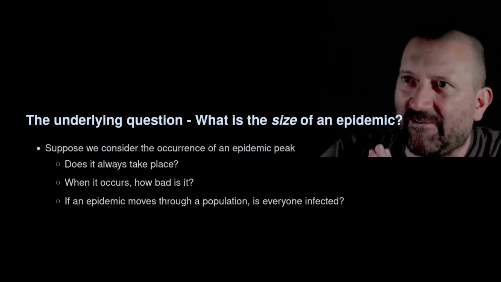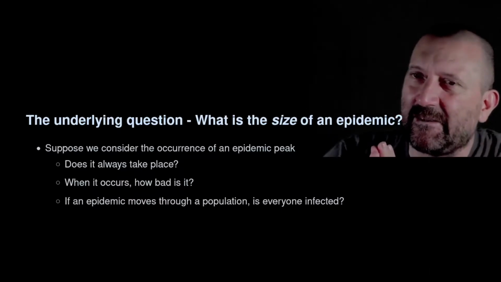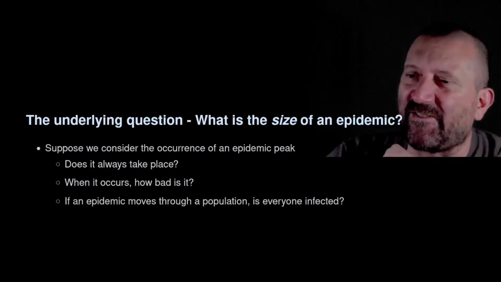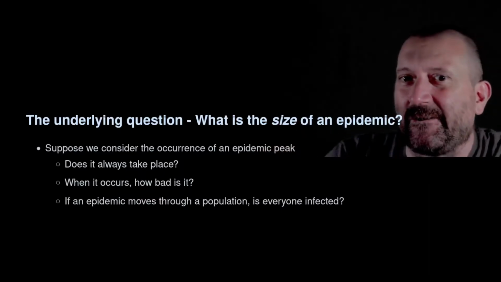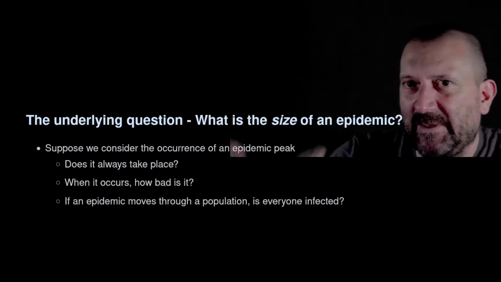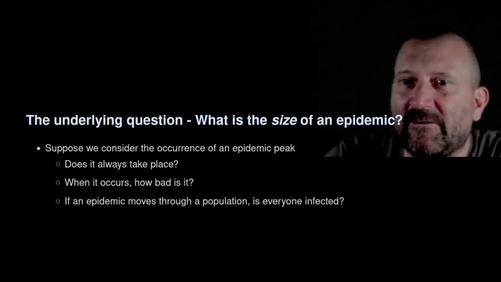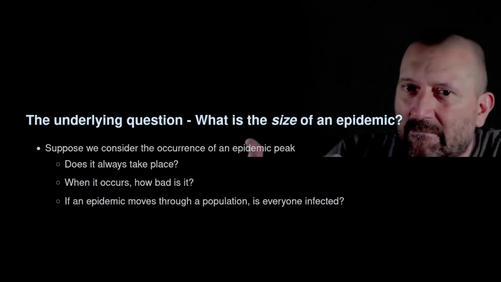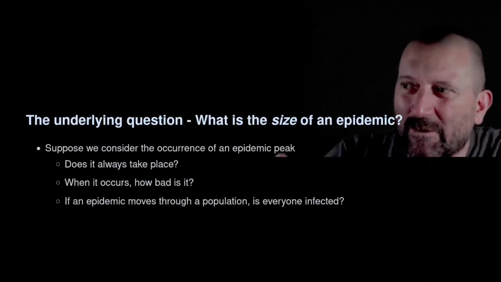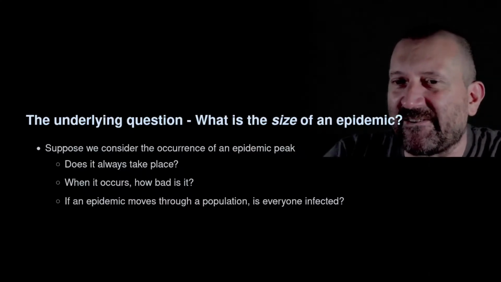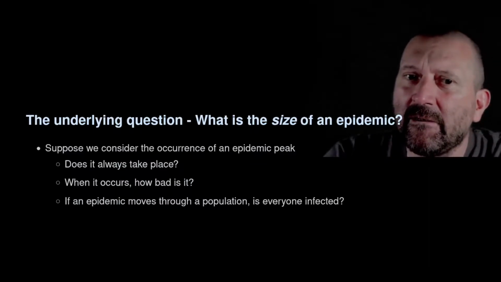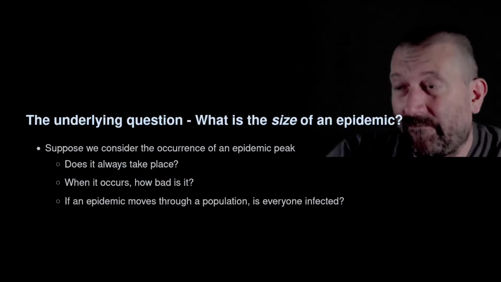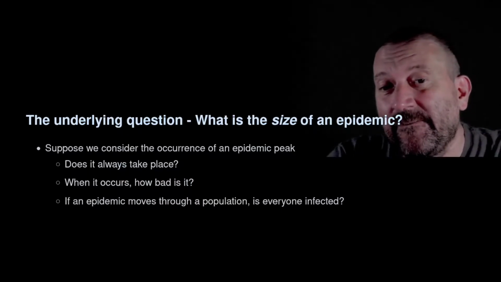That is some event during which the number of cases of the disease shoots up and then falls back down. The idea behind their work is, suppose we are interested in this. Is there always an epidemic peak? And when it takes place, how bad is it?